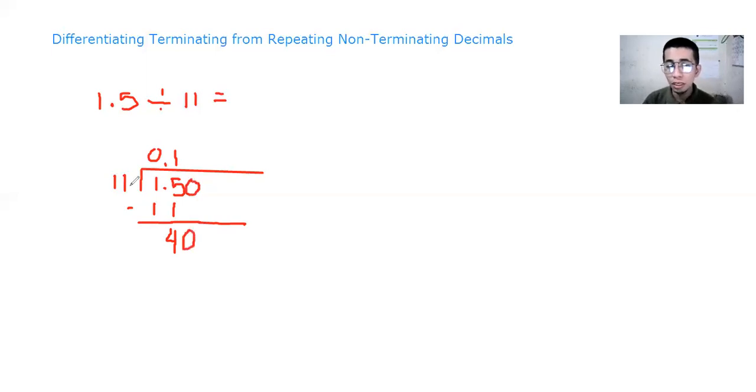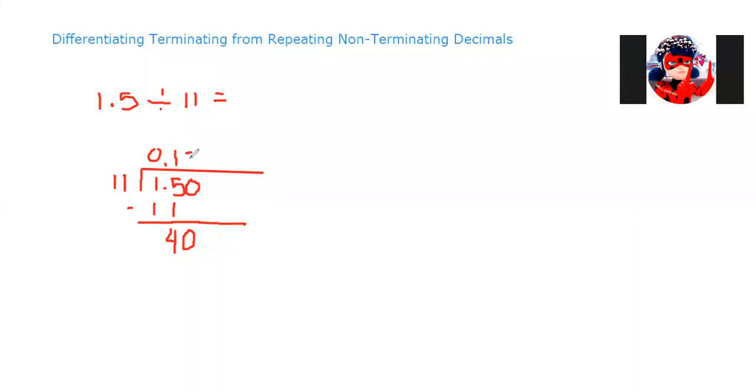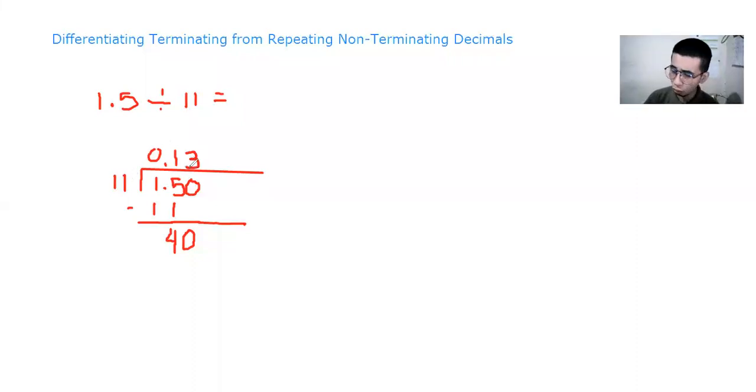Now, how many 11 there in 40? 40 divided by 11? Ilang 11 kaya ang kakasya sa 40? 3. Okay? Kapag 2, 22, so pwede pa, kasya pa yung isa. So, 3 is the best answer.